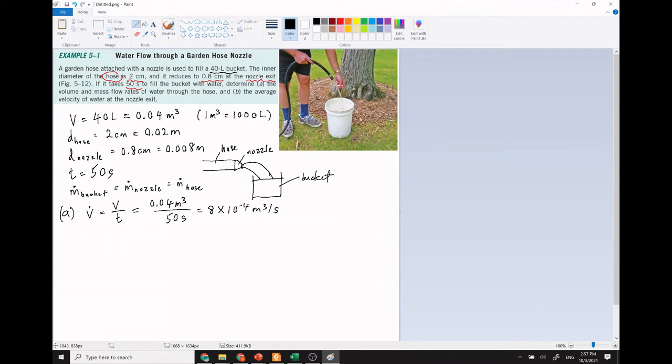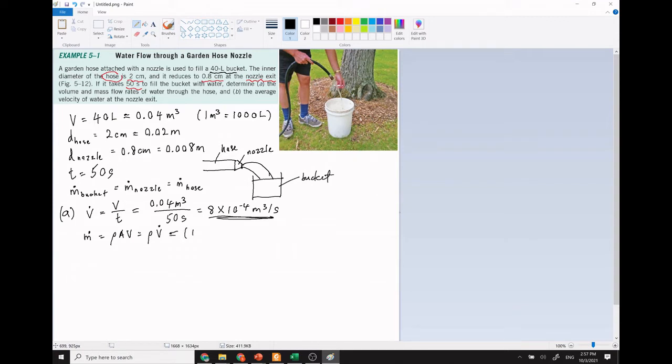Right, so this is the volumetric flow rate, and then you are asked to find the mass flow rate. So the mass flow rate equals rho A V, or equals rho V dot.